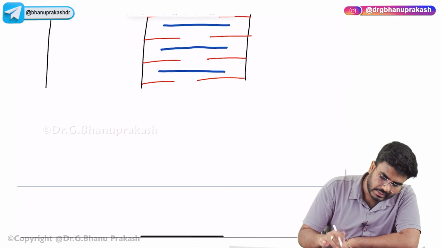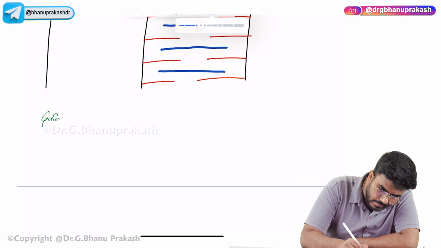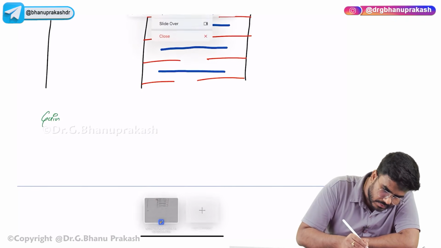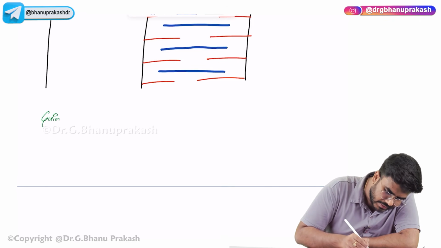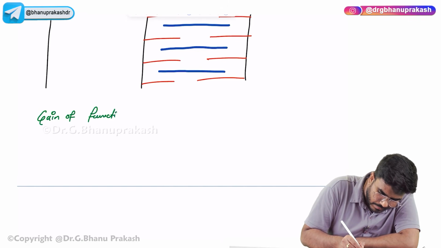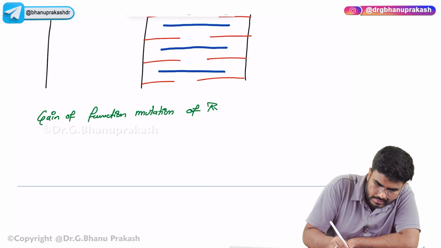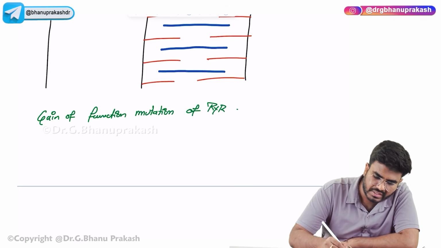So, there is a condition where there is a gain of function mutation of RYR channels.